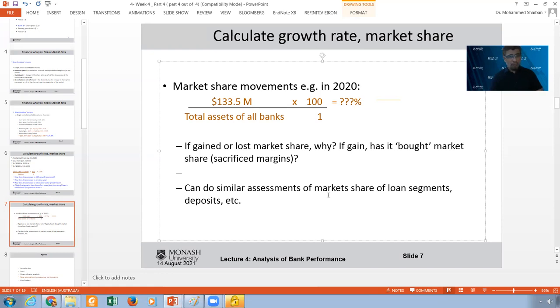You can do a similar assessment of market share for loan segments and deposits.